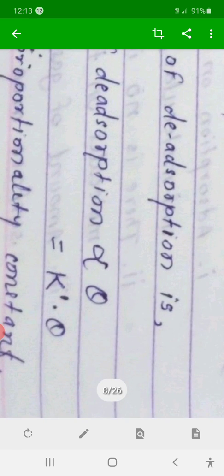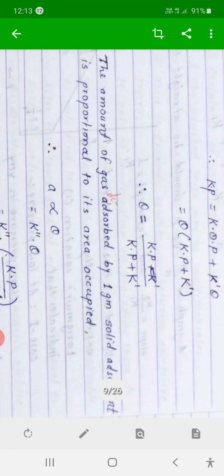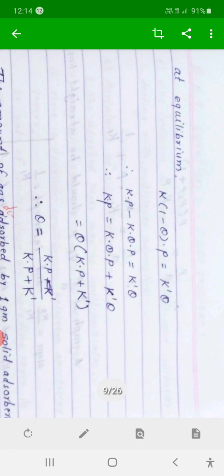Considering a constant, the rate of desorption is equal to K dash into Q. At equilibrium, adsorption and desorption rates are equal. Therefore, K(1 minus Q)P is equal to K dash Q.